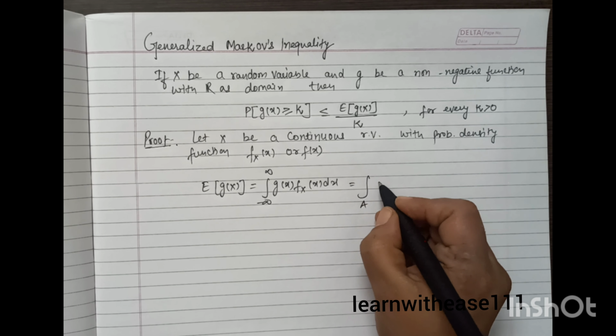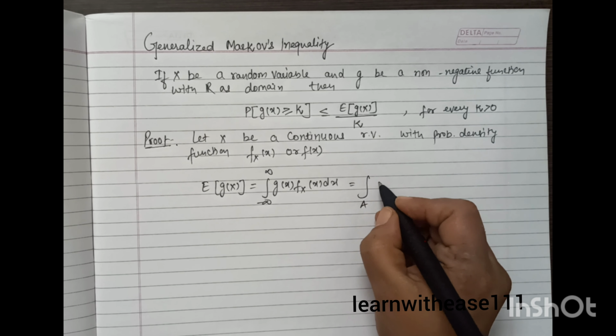Like A contains those values of the random variable on which the function takes a value greater than or equal to k, because we need to find the probability on this. So that is the breaking point. Here the value of the function is less than k.